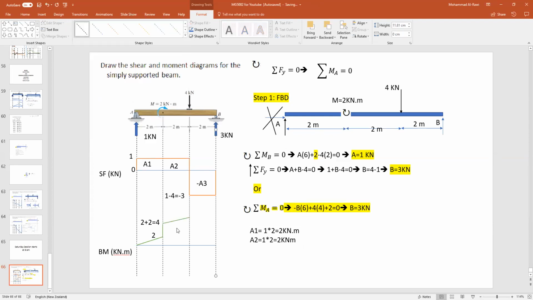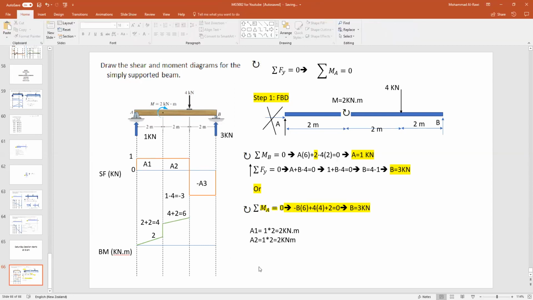That will be 4 plus 2. I'll just copy this to show you how it works. To find this point, it's 4 plus 2. So the last area we found, or the moment plus the new area, is equal to 6 kilonewton meters. So at that point is equal to 6 kilonewton meters.